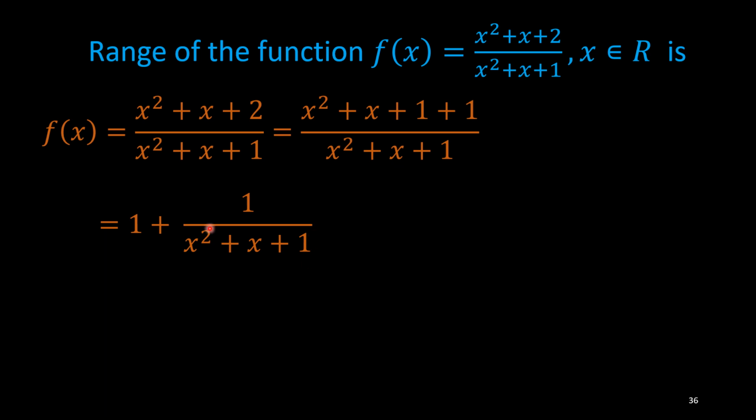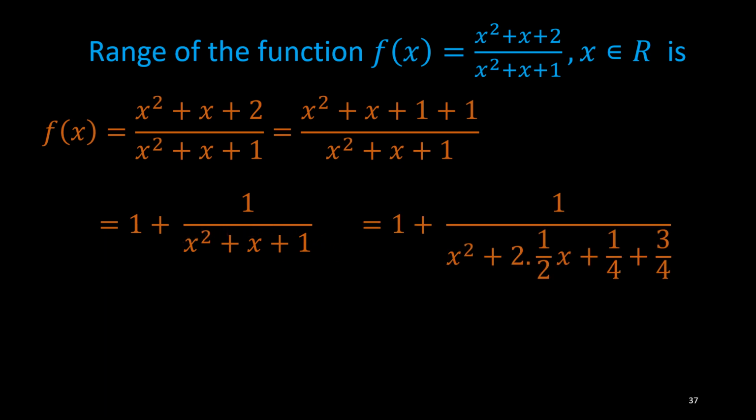But again here we can assume that x square plus x plus 1 equals y, and then take the previous approach. But for this one it is very simple. It is only one quadratic expression that we can manipulate. So we can rewrite this as 1, then x square, and this x I can rewrite as 2 into half into x, and then half square is 1/4, and we adjust with 3 by 4 to make it 1.